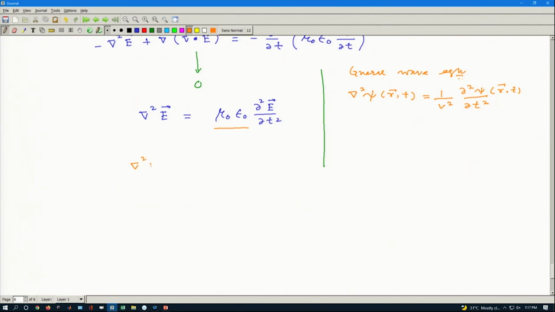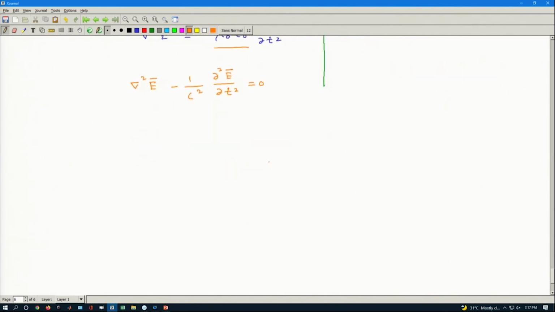I can simply write grad square E minus 1 by c square d2 E dt square is equal to 0 when c is nothing but 1 by root over mu 0 epsilon 0.